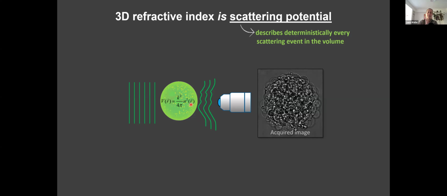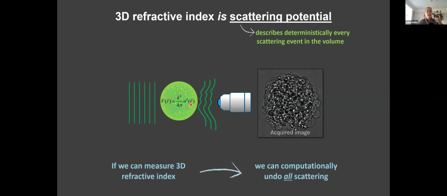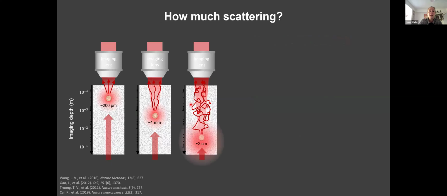So you can predict exactly how light will scatter through the sample, in which case you can solve an inverse problem to invert the scattering and undo scattering effects digitally. So if we can measure 3D refractive index accurately with diffraction limited resolution in the full 3D volume, then we can computationally undo all scattering. And that's really exciting.